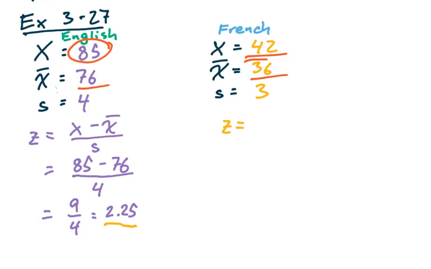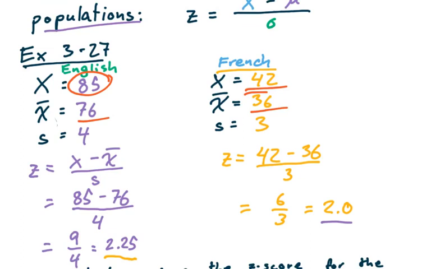And then similarly, we're going to plug in 42 in place of X, minus 36 in place of x-bar. This is for the French test, so it's a different sample, different mean, all divided by 3, different standard deviation. So we simplify this, and it reduces down to 6 divided by 3, and the final result is 2.0.